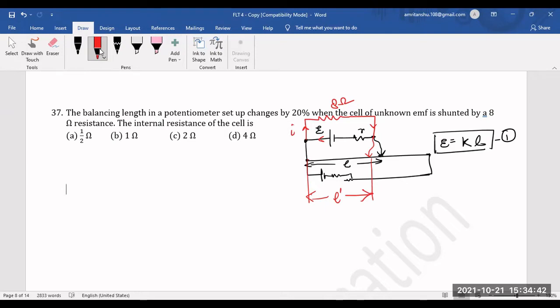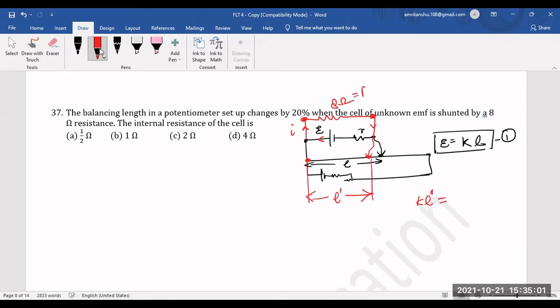Now here, whatever potential difference is across this 8 ohm resistor, the same is going to be the potential difference across this part. So potential difference across this is K L dash. And what is the potential difference across this 8 ohm resistor?